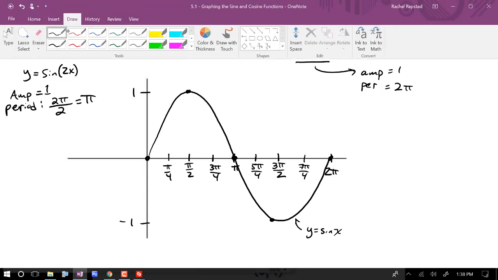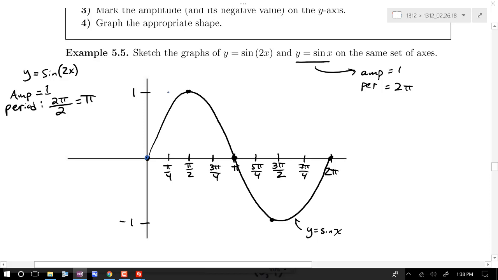Now, sine of 2x, it's a positive sign, so I know that sine starts at 0, goes up. It's going to have the same kind of pattern of values, but 3 pi over 4, and at pi. So here's one period length of sine of 2x.